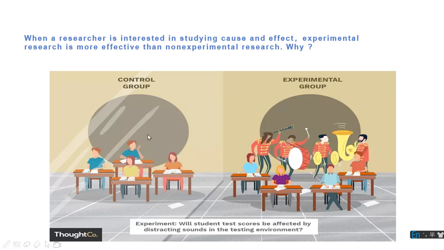Then the two groups' testing scores can be the only dependent variable, and the distracting sounds can be the only independent variable. That's all for the explanation about experimental research and non-experimental research.